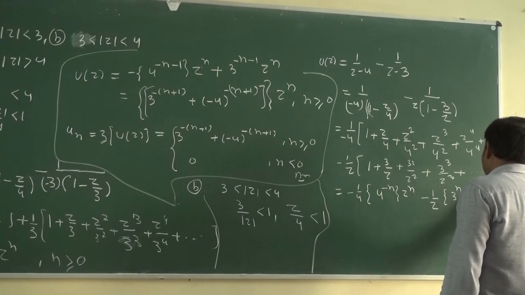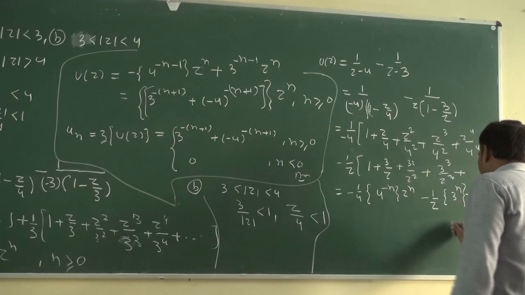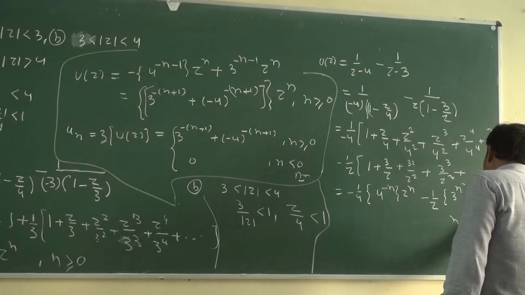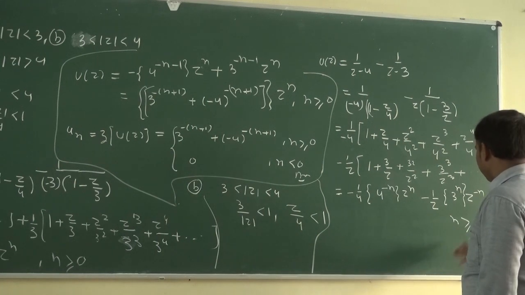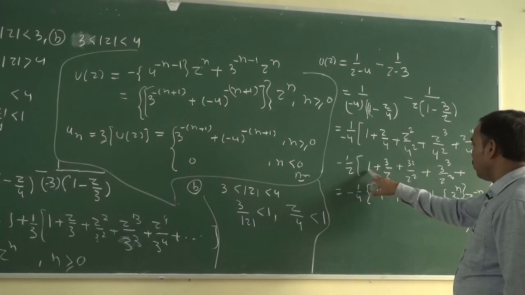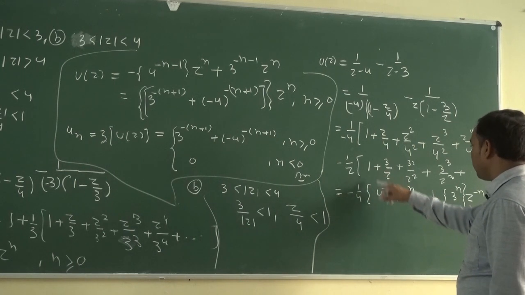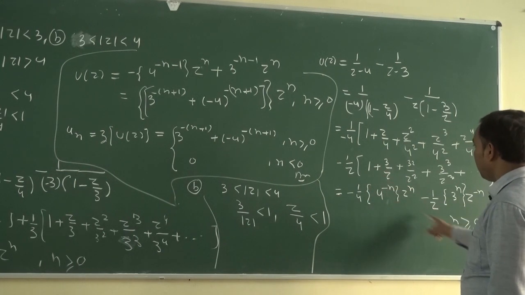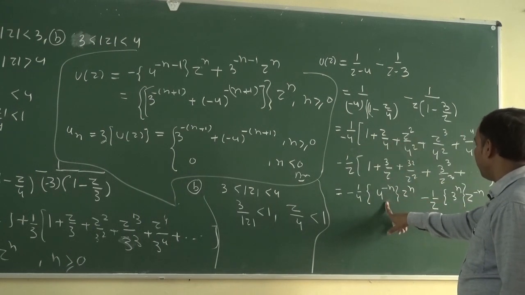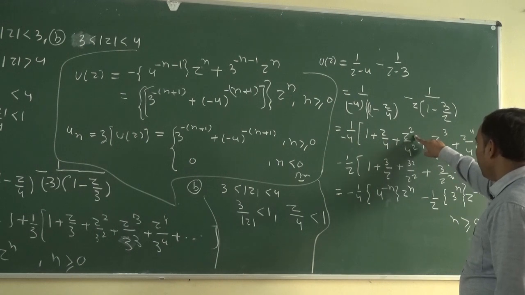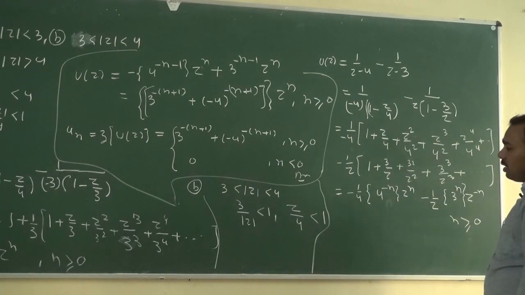See here, for n greater than or equal to 0: for n equal to 0 we simply get 1, for n equal to 1 we get z upon 4, for n equal to 2, z square upon 4 square. Similarly we get the other terms.